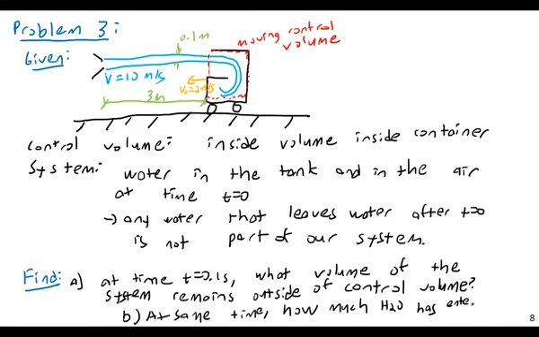So we're going to try to find at t equals 0.1 seconds what volume of the system, in other words, the initial water that was in the air and in the tank, remains outside the tank, or remains outside the control volume, and at the same time how much water has entered the control volume during this period.